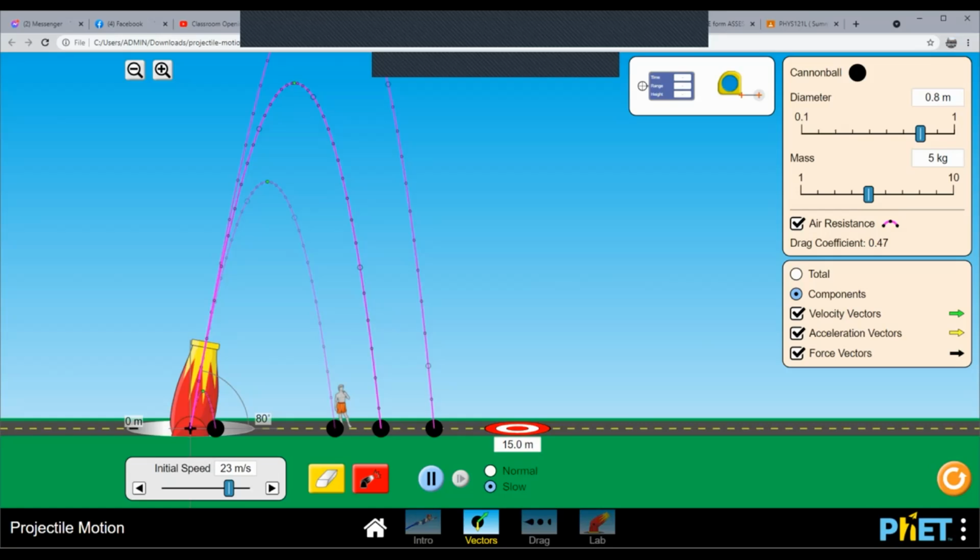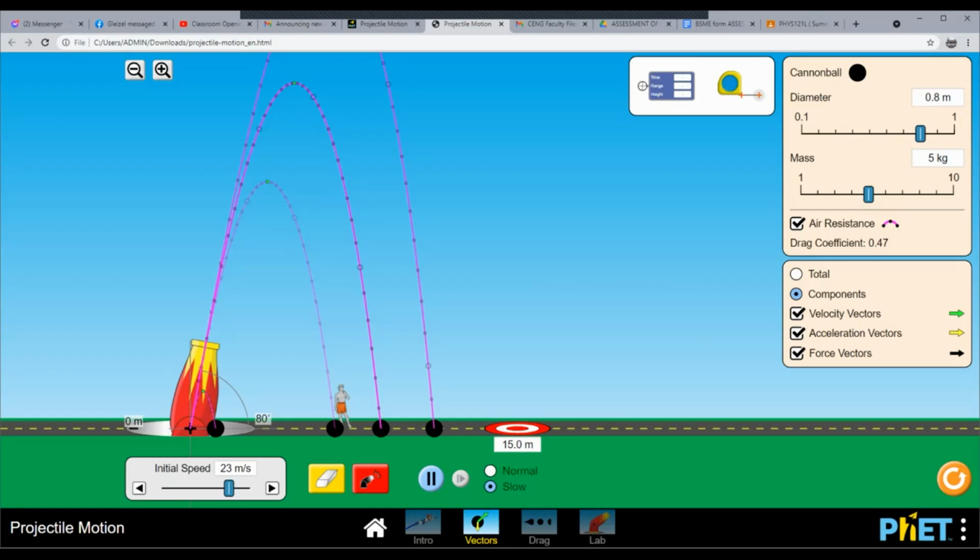So you would notice, sabi niya kanina, doon sa gitna. It's not necessarily gitna. Pinakamataas, yung peak point. Pagdating doon sa peak point, sabi niya nag-equal yung FDX dun sa FDY. Tapos habang bumababa siya, nagkakaroon na ulit ng FDX. So, ibig sabihin yun yung component, horizontal component. Pagdating dun sa peak point, actually nawawala na yung horizontal component.